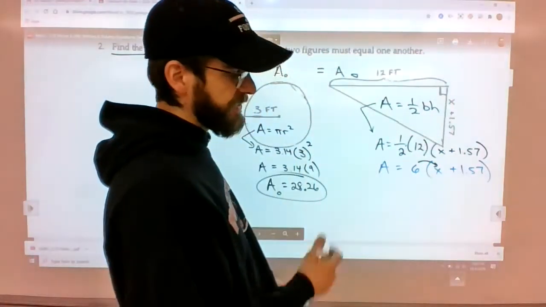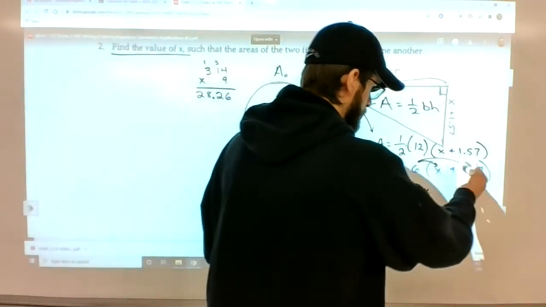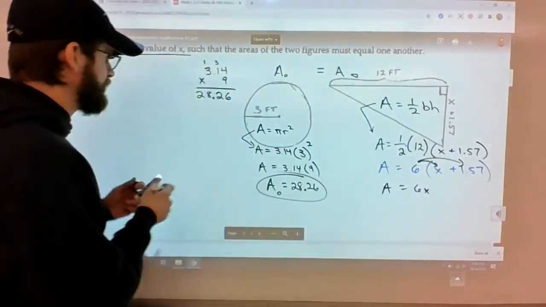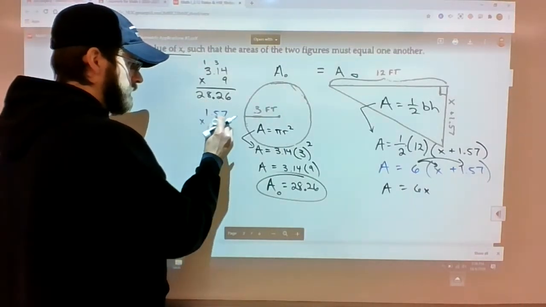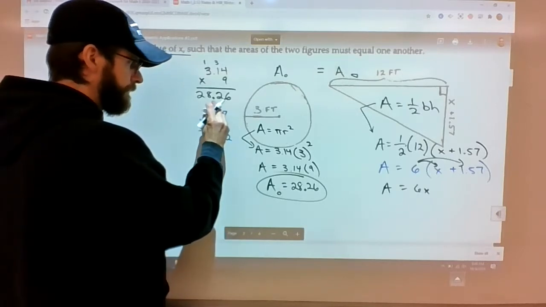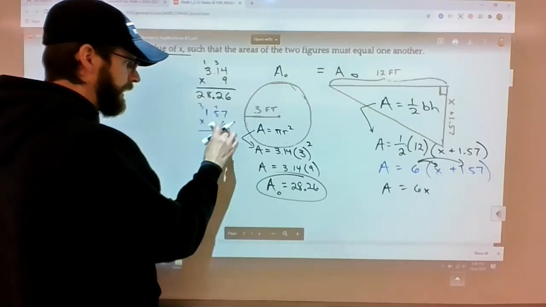Now you're free to distribute the 6 to both parts. So 6 times x, 6x. 6 times 1.57, maybe I'll go up to the side and do that calculation. 42, 34, and 9.